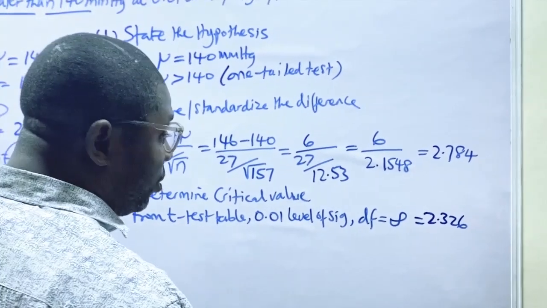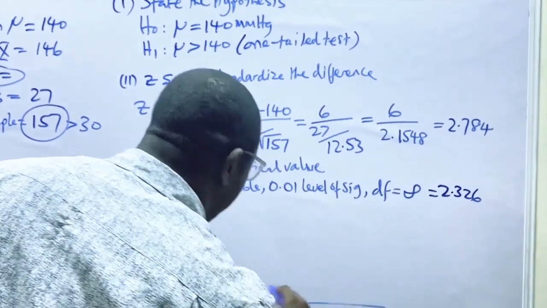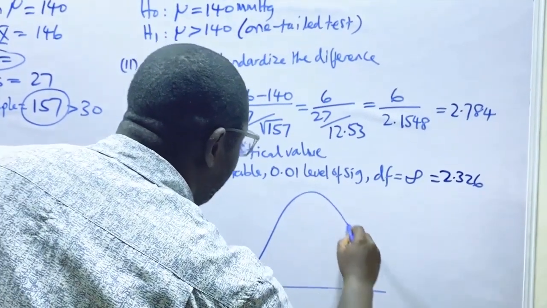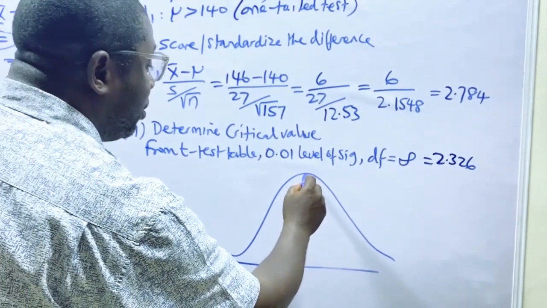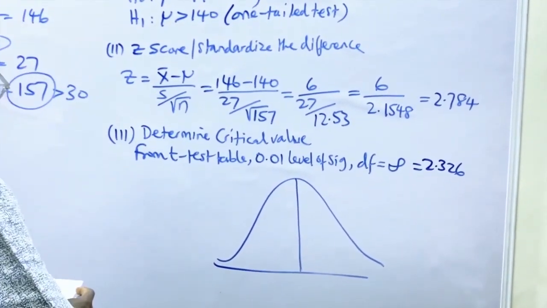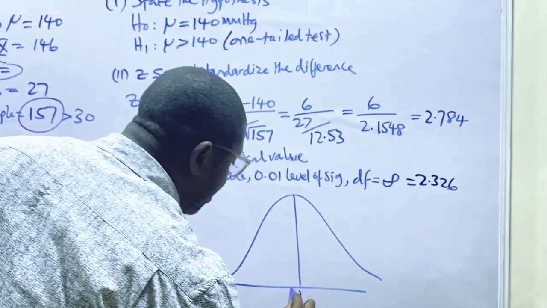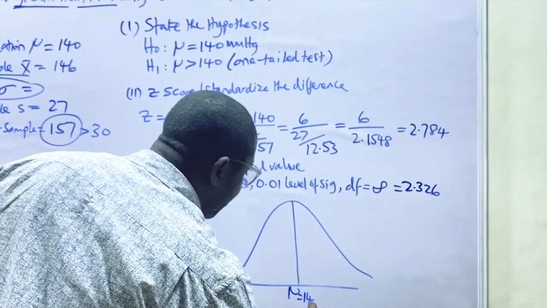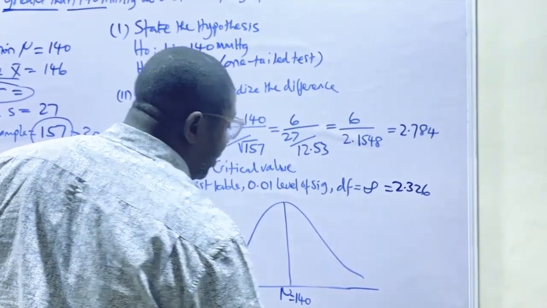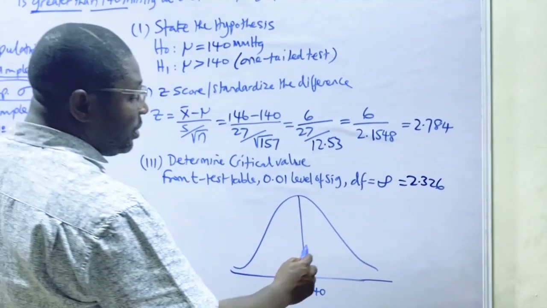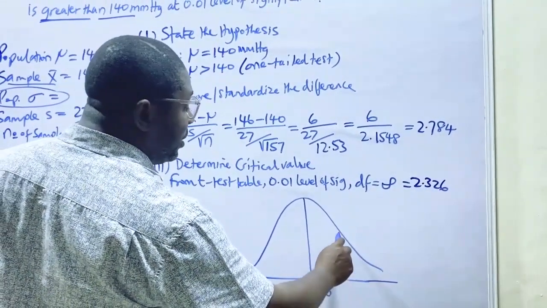So let's represent this critical value on our distribution curve. Here we have our mean already given as 140. That's the population mean. And since we're looking at something greater, that means it's going to be on the right. It's going to be a positive test.